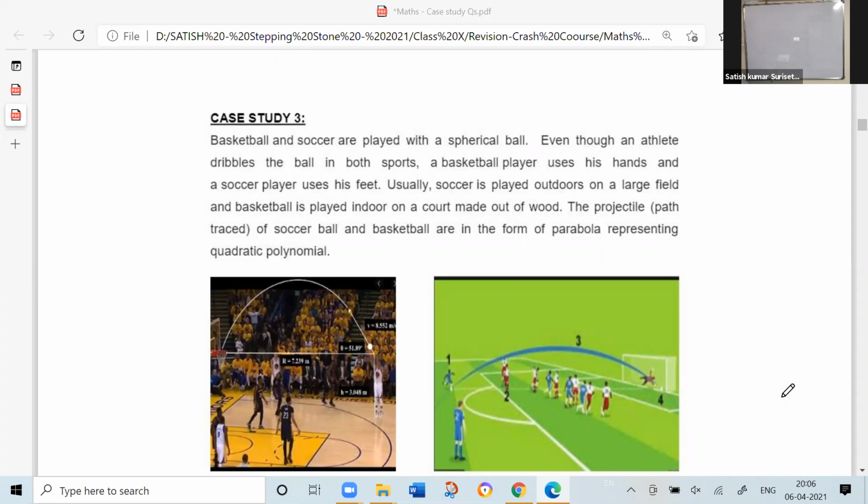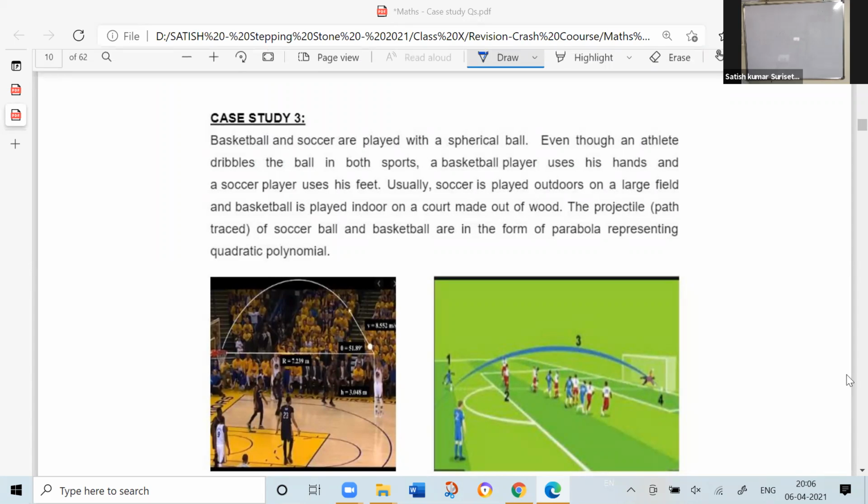Even though an athlete dribbles the ball in both sports, a basketball player uses his hands and a soccer player uses his feet. Usually, soccer is played outdoors on a large field and basketball is played indoors on a court made out of wood. The projectile paths traced by the soccer ball and basketball are in the form of a parabola, representing a quadratic polynomial, that you can observe easily.